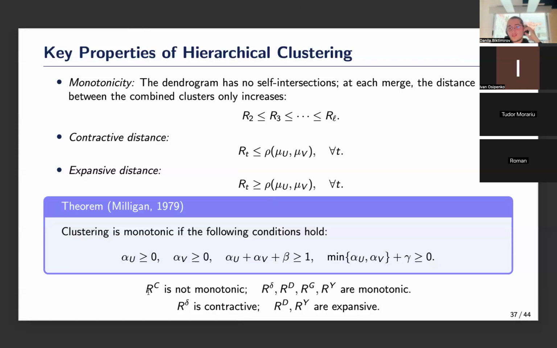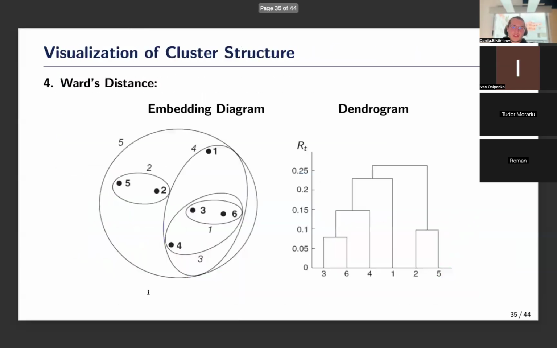Ward's distance differs from it only by a multiplicative coefficient factor, which makes it also monotonic. Some distance measures exhibit the property of expansion: as the cluster grows larger, its distance to other clusters increases, as if the space around the cluster is expanding.